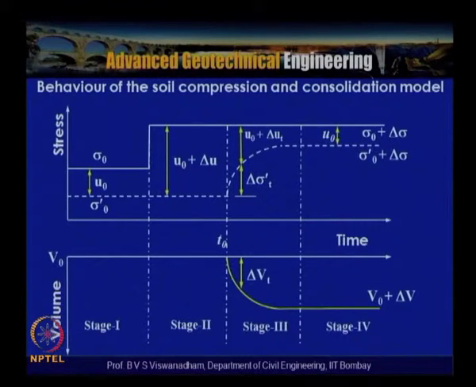At that particular point, sigma naught dash plus delta sigma t dash is the stress already transferred to the grains, and this portion of the pore water pressure, delta ut, is yet to be dissipated.